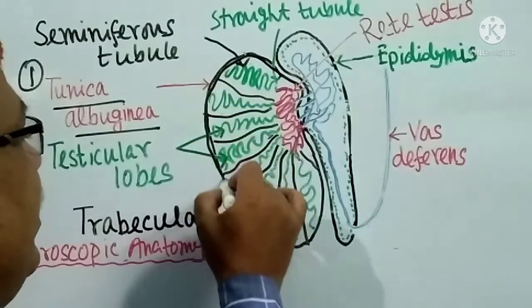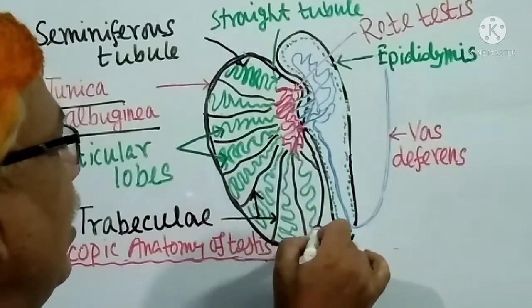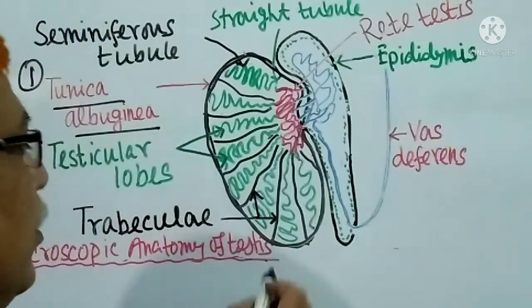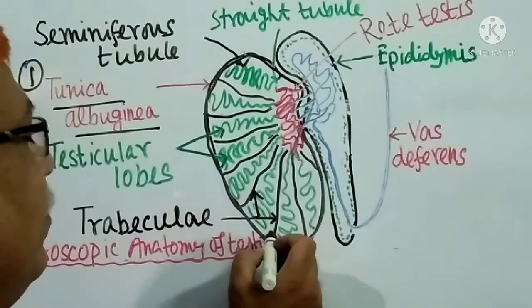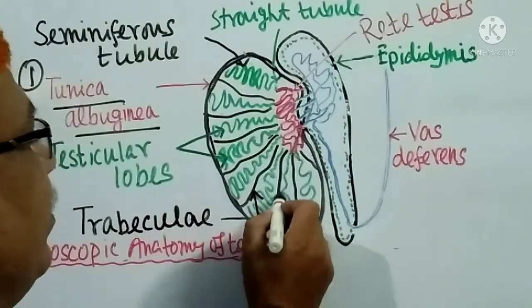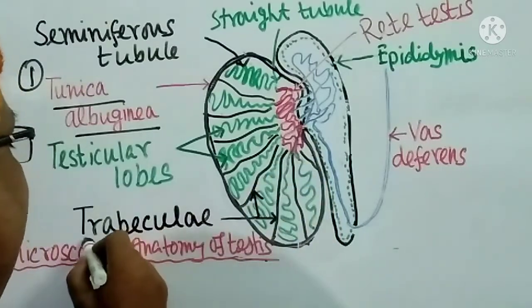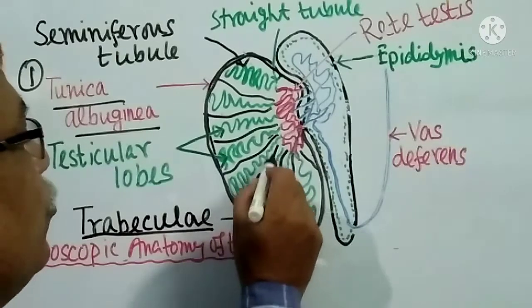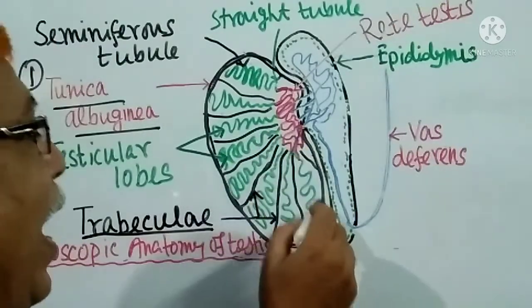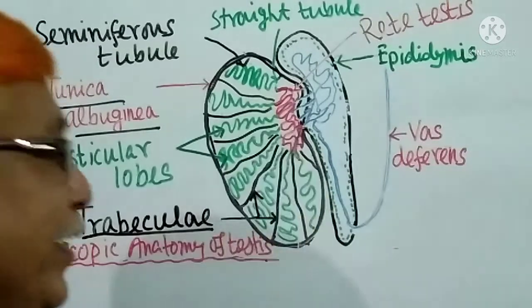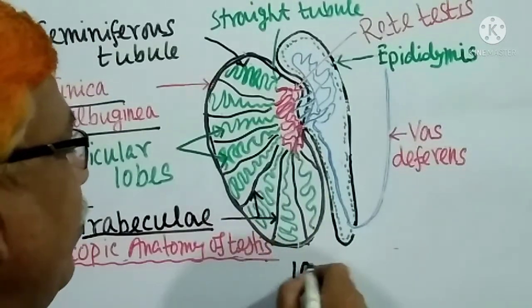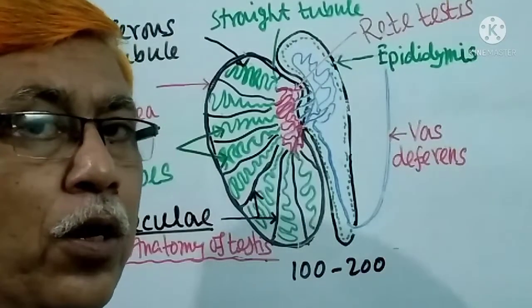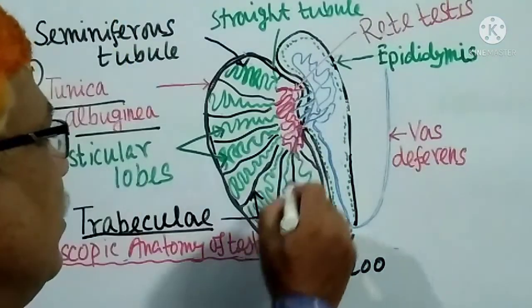From Tunica Albuginea, incomplete trabeculae enter into the stroma of the testis and divide the testis into 100 to 200 lobules or lobes.